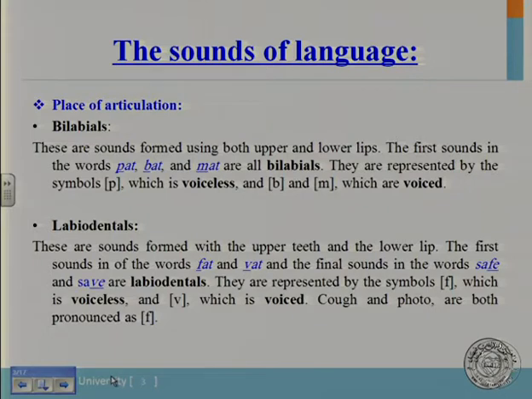The place of articulation, we started with bilabials. And we said that these are sounds formed using both upper and lower lips. The first sounds in words like, for example, pa, as in pat, or ba, as in bat, and m, as in mat. And we say that these are sounds, not letters.